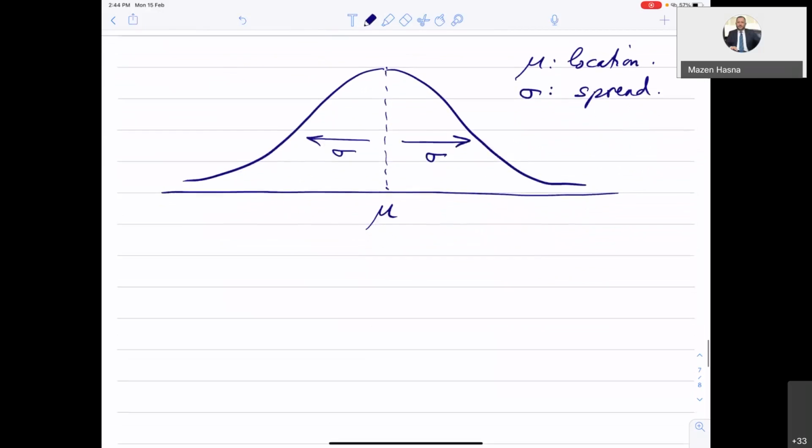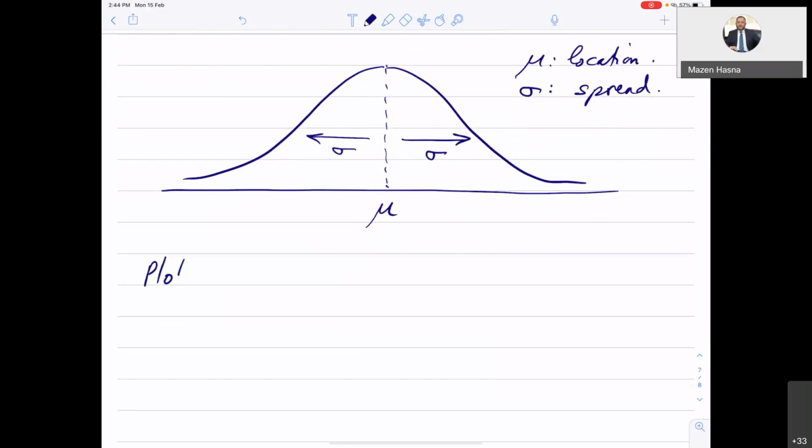So if I tell you to plot those two curves, what's the difference between those two curves? The location.